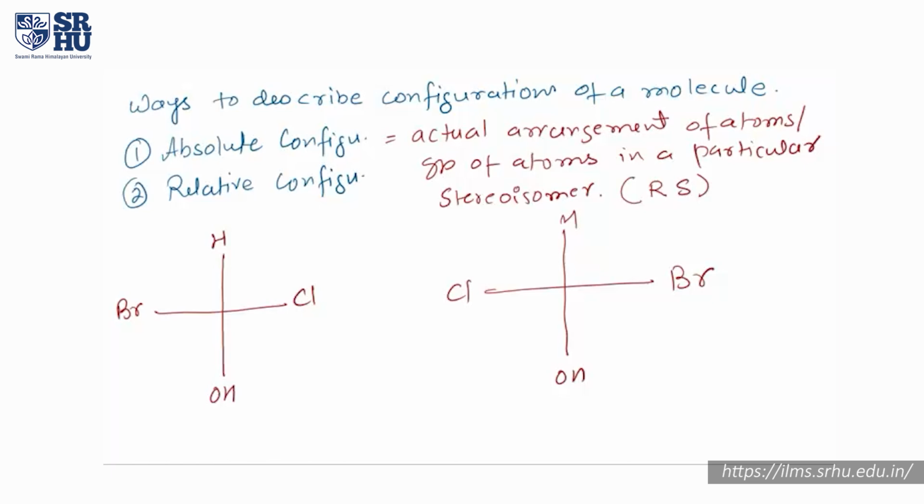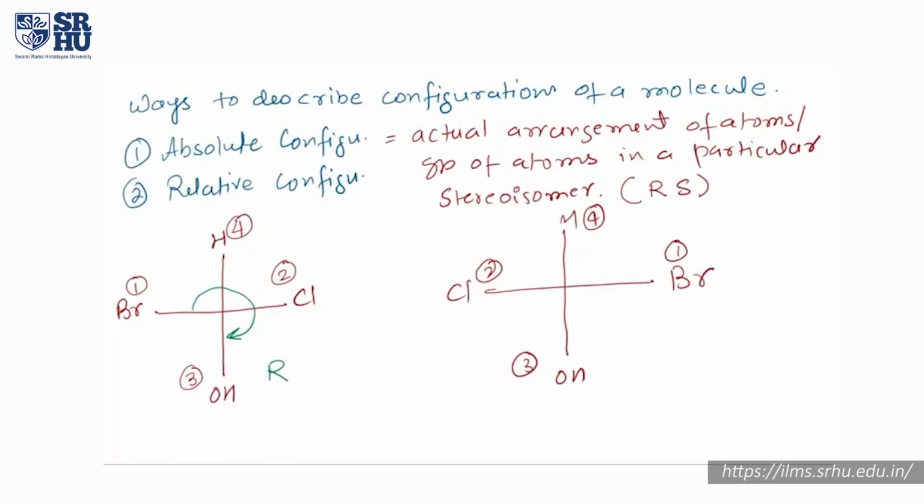First priority will be given to bromine because it has the highest atomic number. Then second priority will be given to chlorine, third priority to OH, and fourth priority to H. In the same way here, first priority goes to bromine, second to chlorine, third to OH, and fourth to H. Now you see, if you go from 1, 2, and 3, you are going in the clockwise direction.